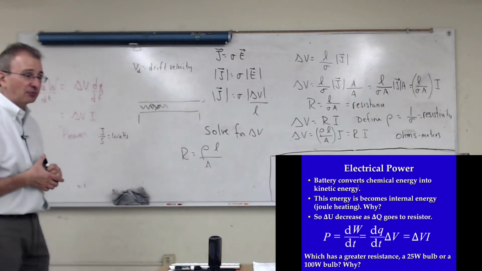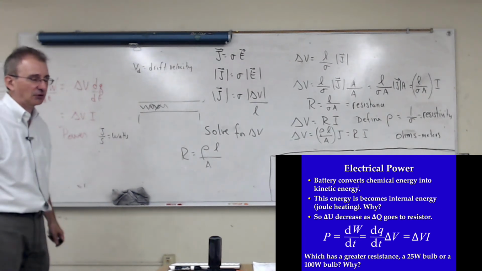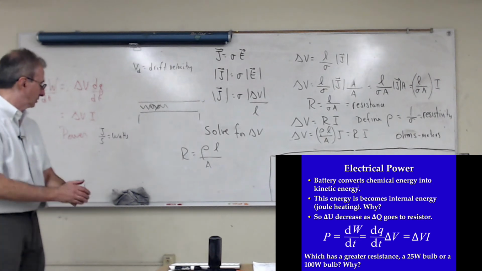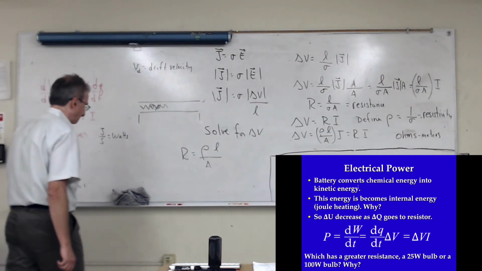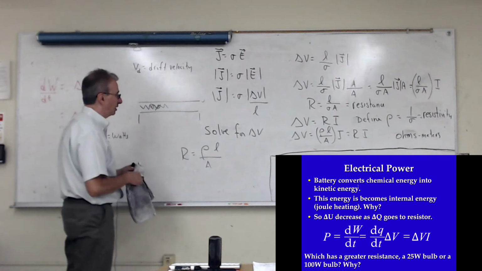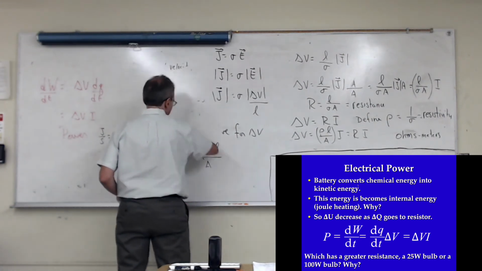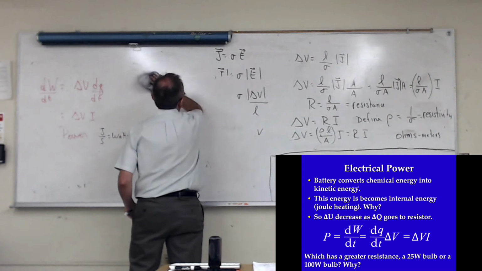So which has a greater resistance, a 25-watt bulb or a 100-watt bulb? This question is actually getting old, because it is based on the old incandescent bulbs. All the bulbs now are LED.